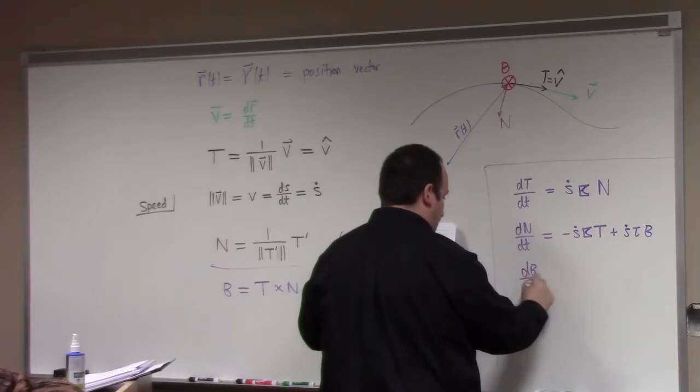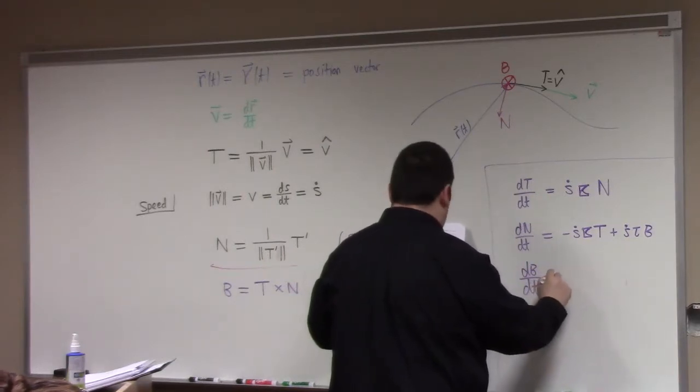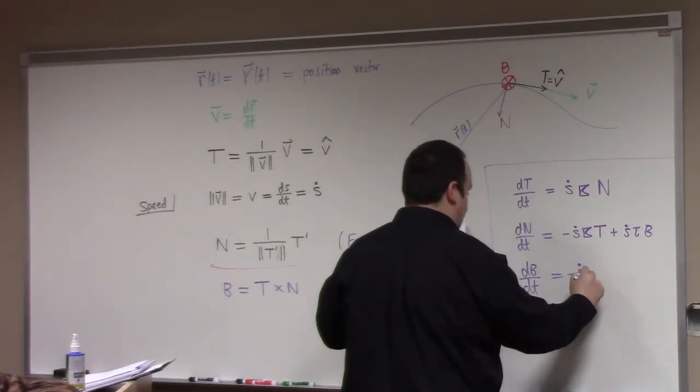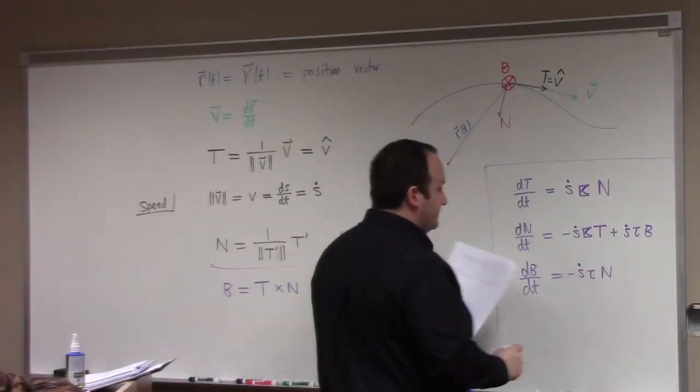And finally, the time rate of change of the binormal is minus the speed times the torsion times the normal.